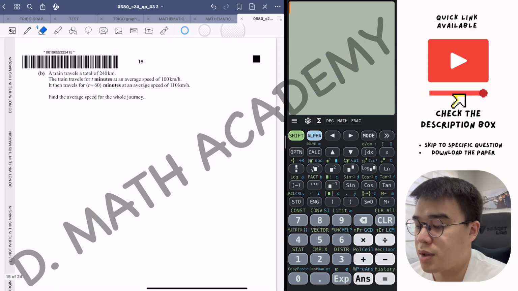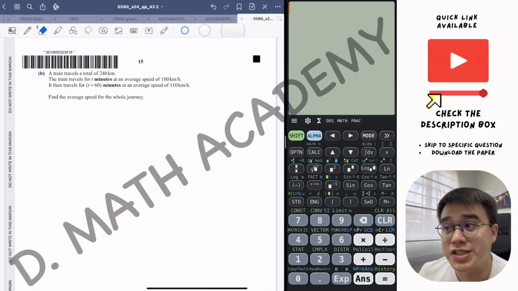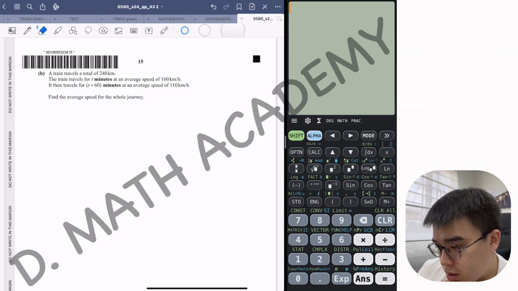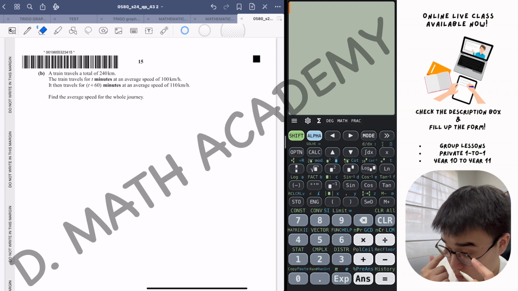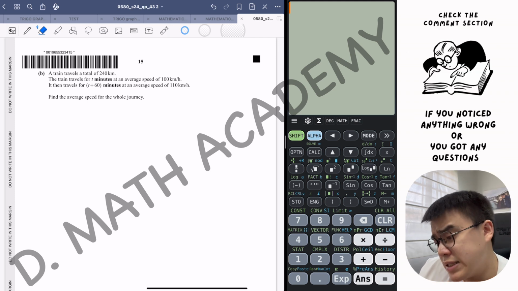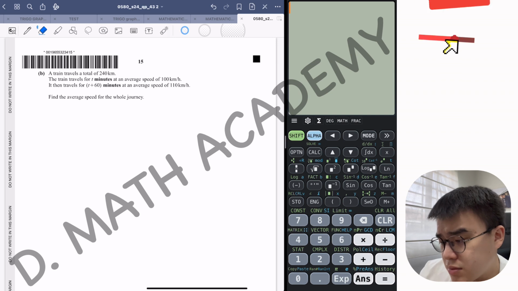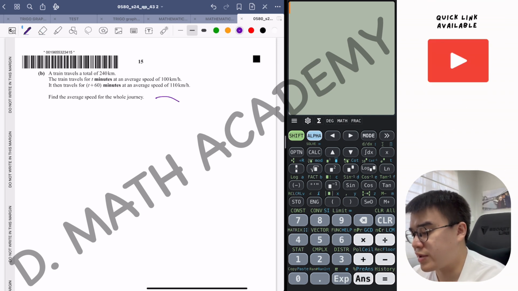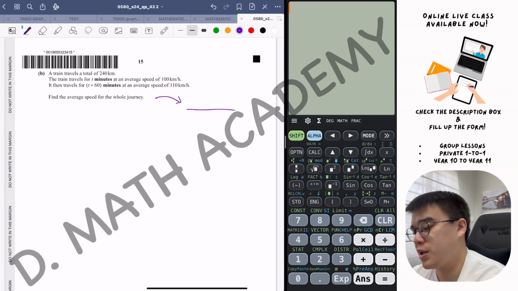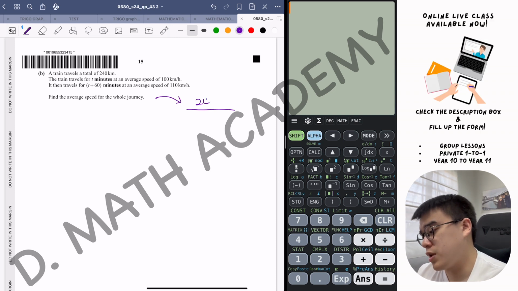Okay, moving on to question 7b. We have a question here that looks pretty weird. Asking us for average speed and they gave us the distance. So the final calculation should be 240 for sure.